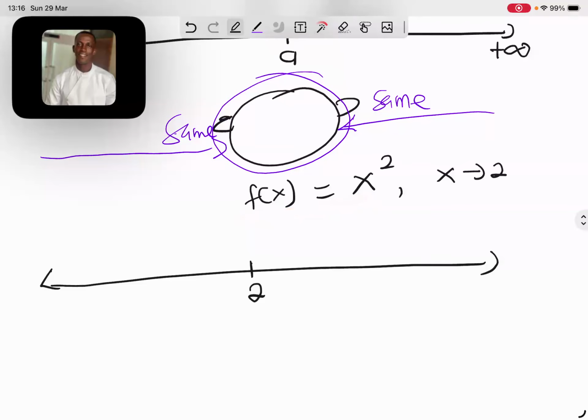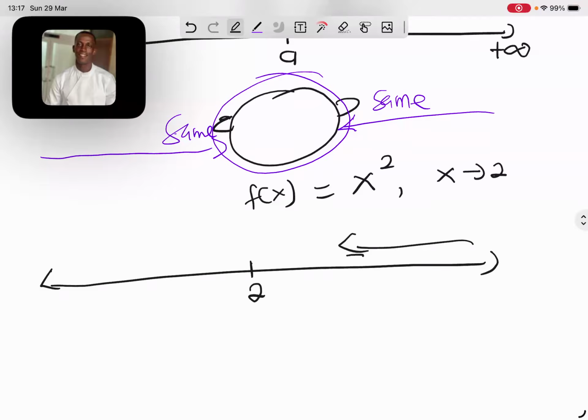So from the positive direction, if we are moving towards this direction here, what are some of the values that we'll get to before we get to 2? There are several values here. The x is approaching 2. So we don't need to pick numbers that are far away from 2. No, we're looking at the behavior of the function f of x as x approaches positive 2.